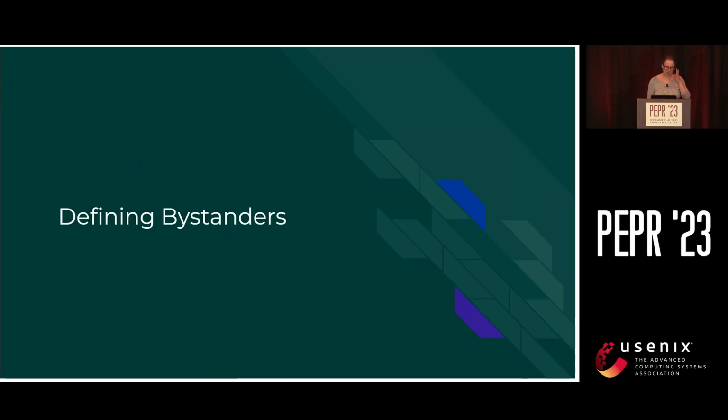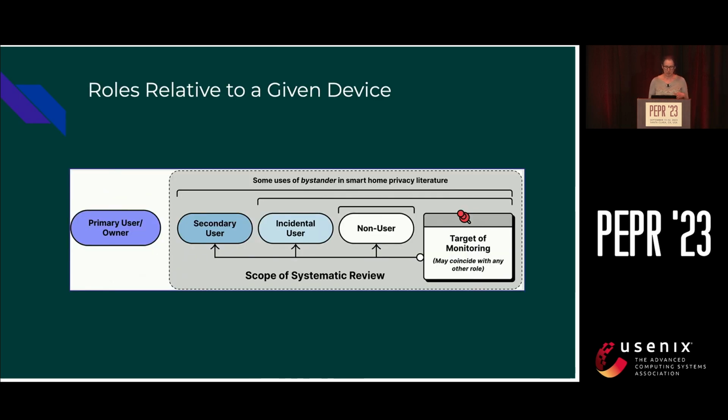First, a quick detour to explain what we mean by bystanders in this context. A bystander, of course, is not a type of person, but a role that a person plays relative to any given device or system.